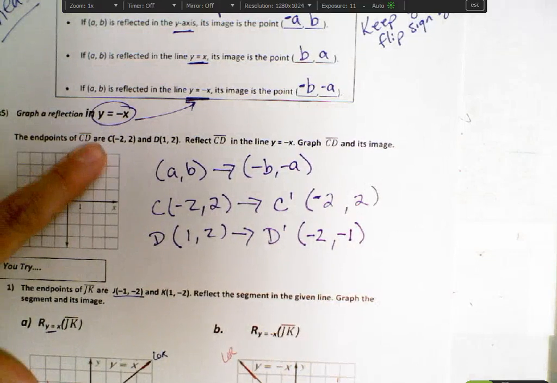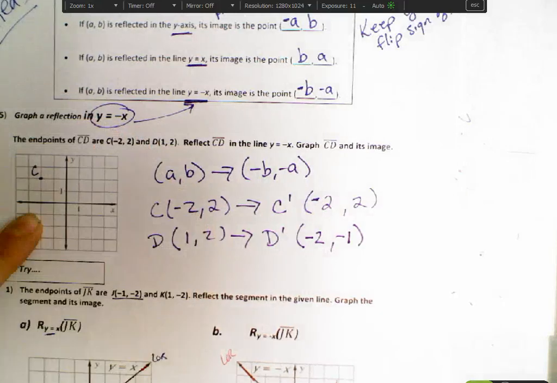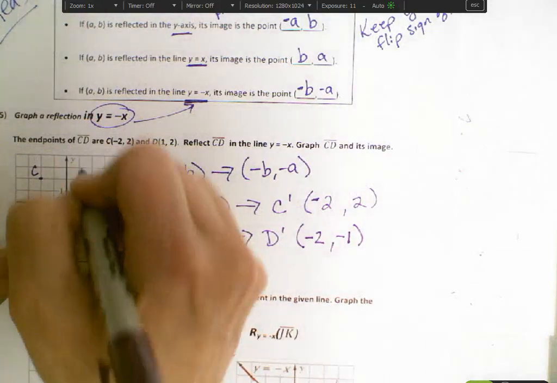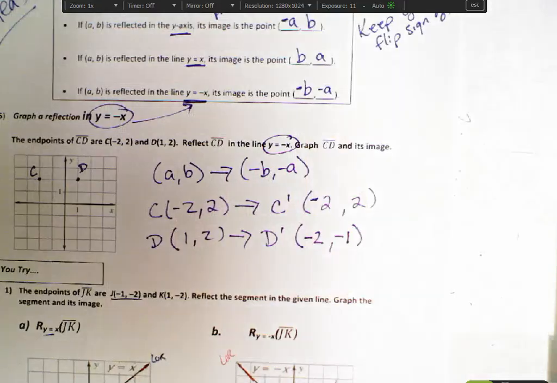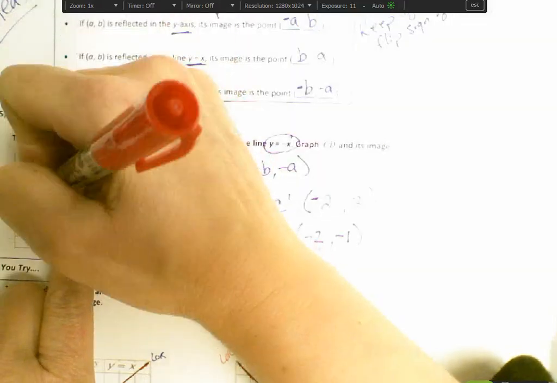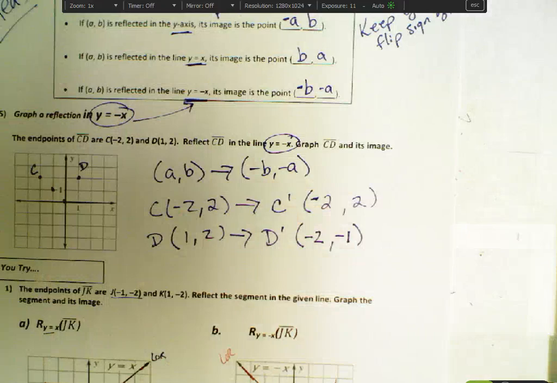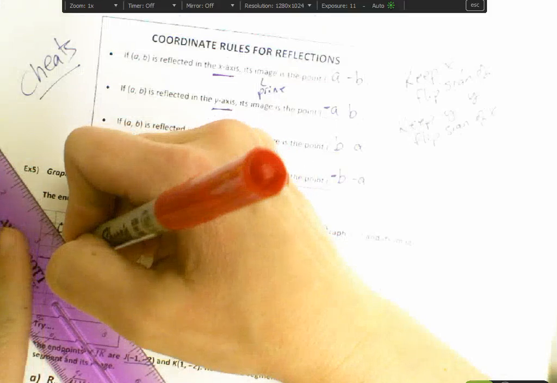So my original is (-2, 2) for C and (1, 2) for D. My line of reflection is y = -x. So when y = -x, it's the line of reflection with the -1 slope that goes through the origin.